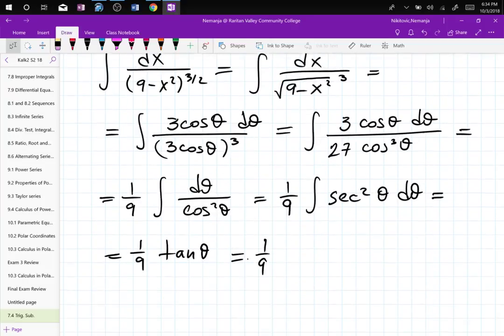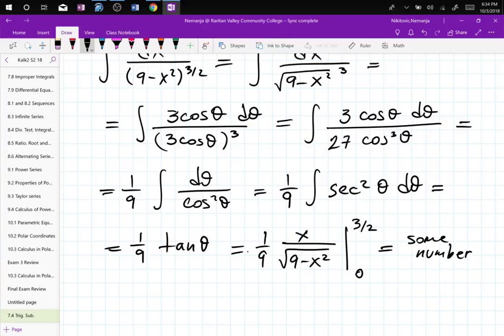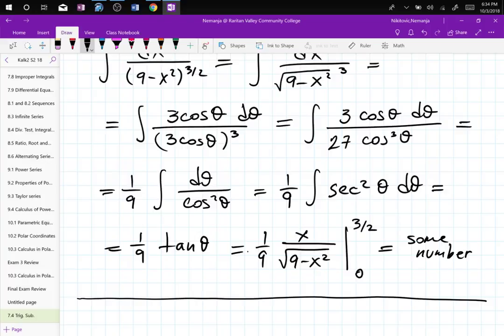So all I need to do now is to say this is x over square root of 9 minus x squared, and then I have 0 and 3/2 here, which is equal to some number. Yeah, it's called quick computing. You should be able to plug in 3/2 and a 0 and then come up with whatever decimal is there.